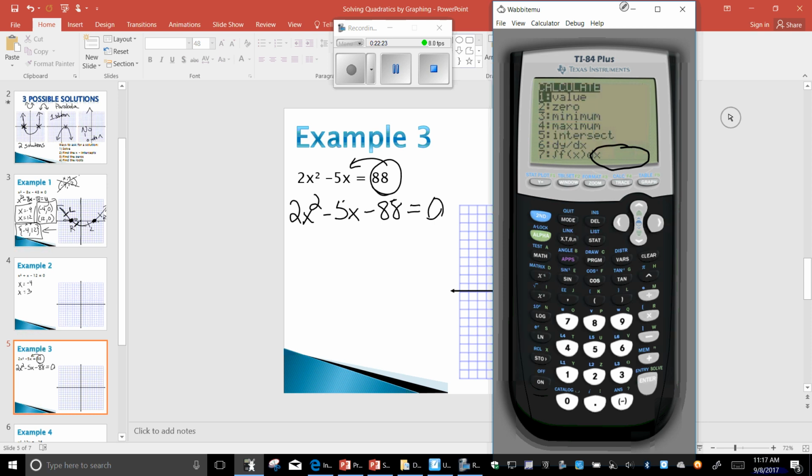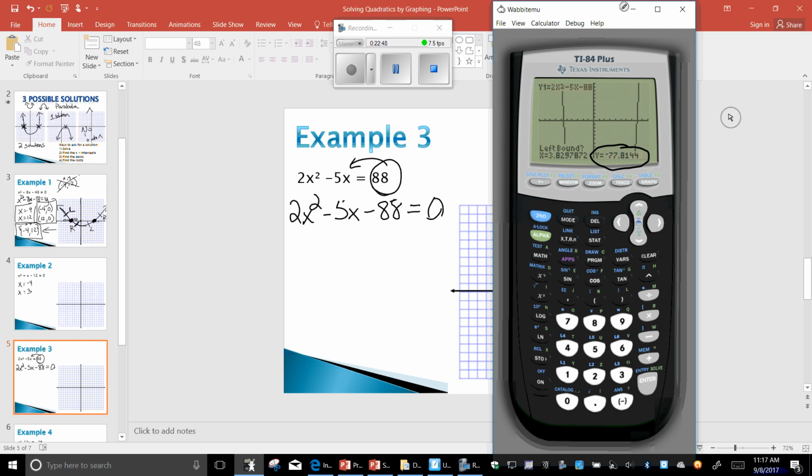Then we're going to try to find the other one. Second calc 0. Left bound, I'm going to go all the way down. And again, everybody says, Miss Corns, I can't find my spider pig. I don't know where I'm at. Like I'm at negative 85. Well, that means on my y-axis, I'm down 85. So if you pay attention to it, it's going to start getting closer to 0.